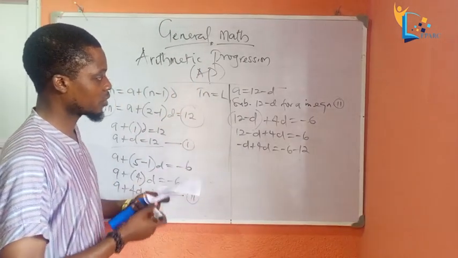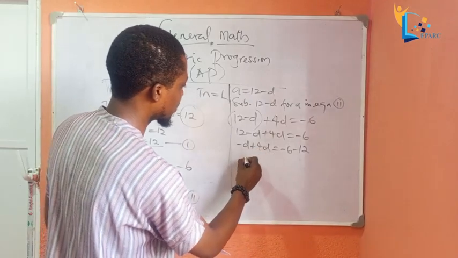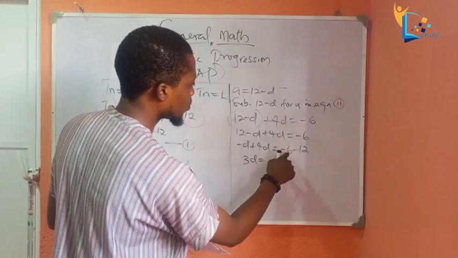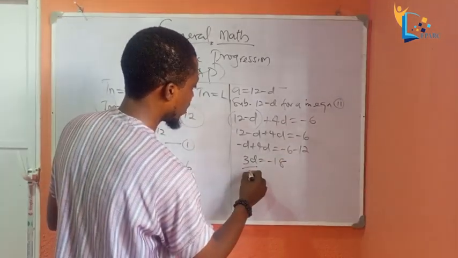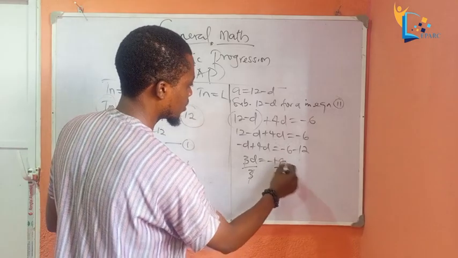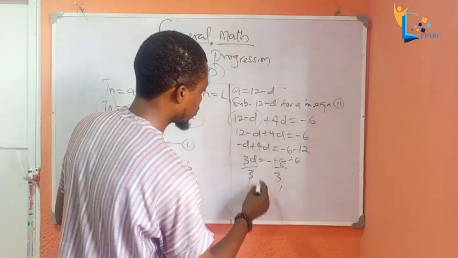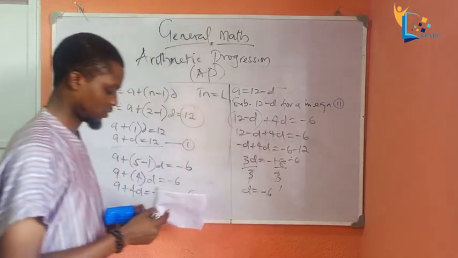So minus D plus 4D will give us 3D equal to minus 6 minus 12, which is minus 18. So divide by 3, divide by 3. 3 here, 1, 3 here, 1, 3 here, minus 6. So D is equal to minus 6.